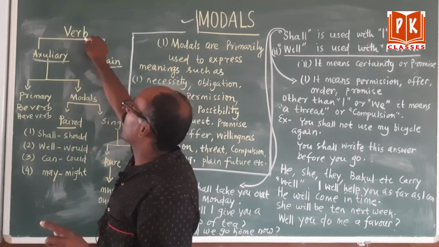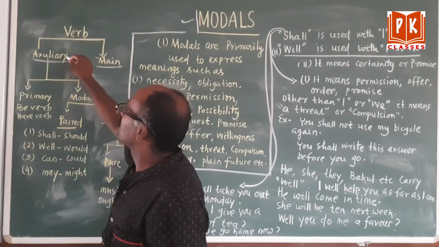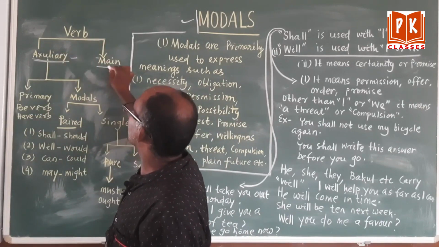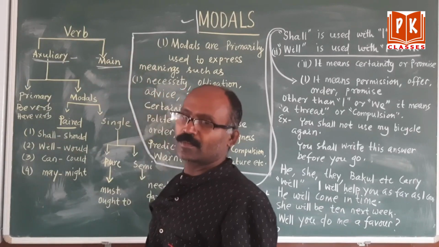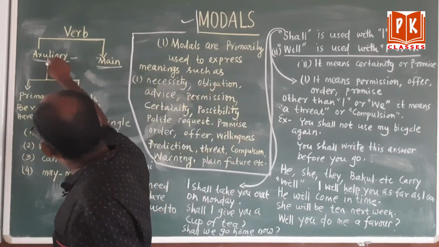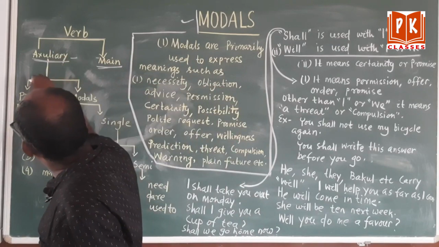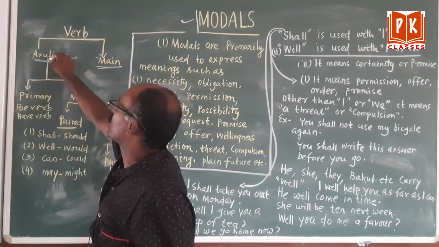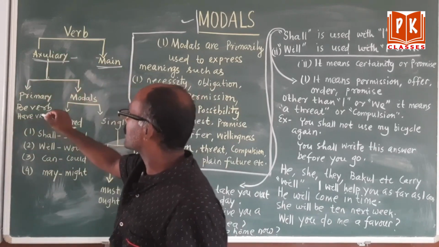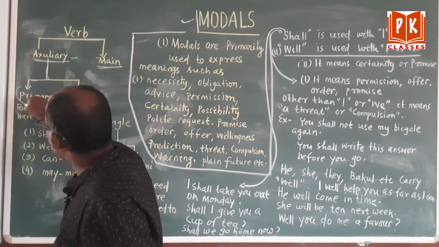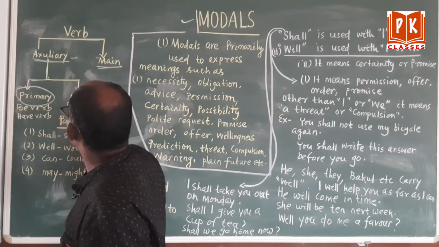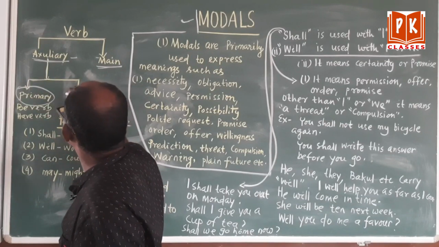Please remember, verb is divided into two parts. Then the auxiliary verb is divided again into two parts: number one is primary verb, number two is modals.